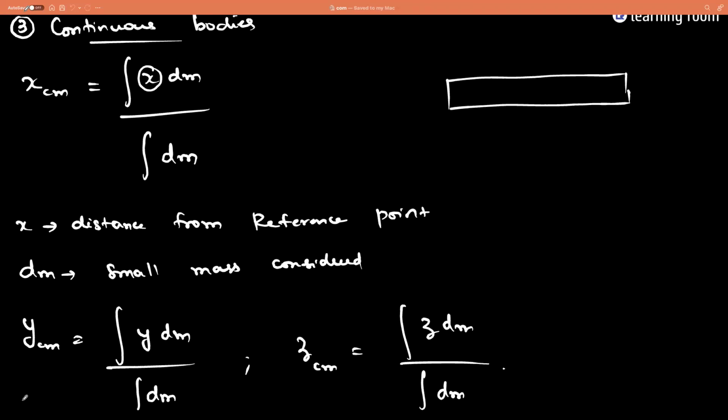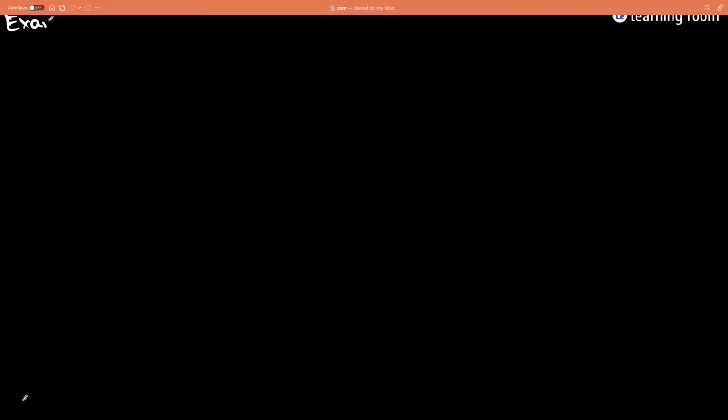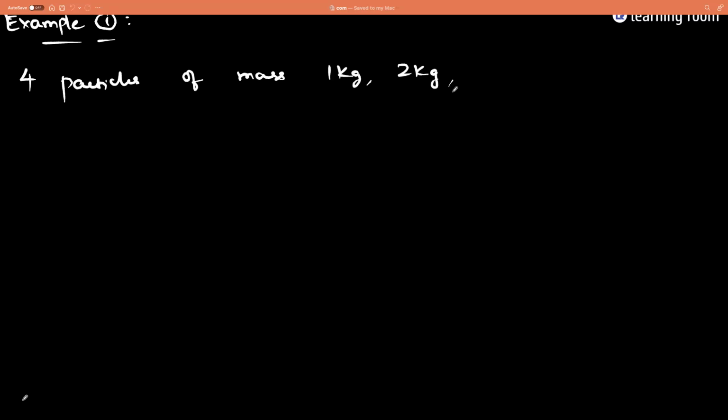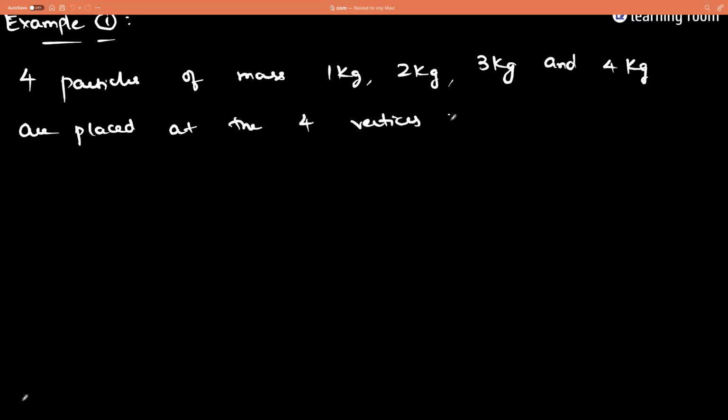So now I'll give you a problem. Look at it. Example 1: four particles of mass 1 kilogram, 2 kilogram, 3 kilogram, and 4 kilogram are placed at the 4 vertices of a square of side 1 meter.